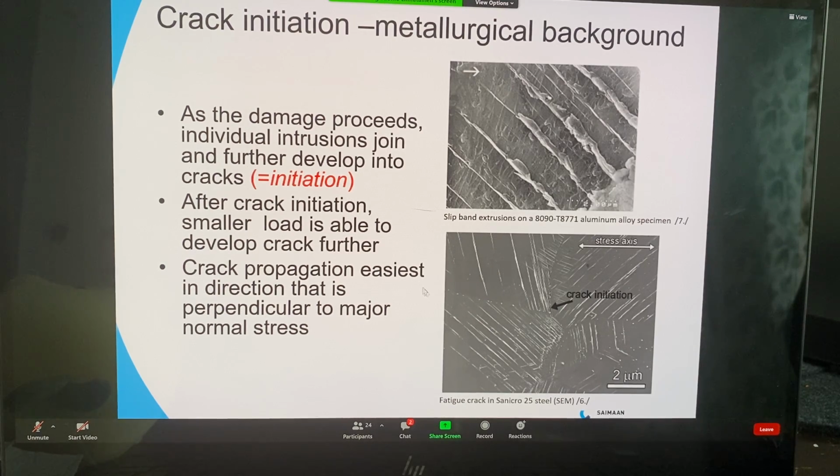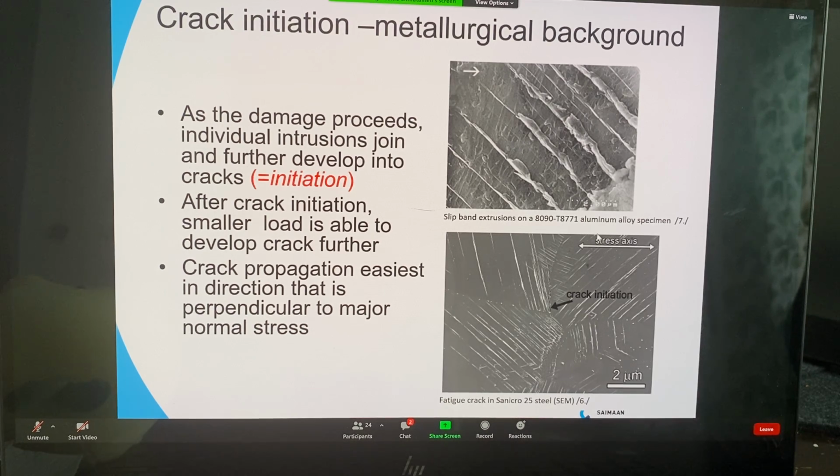And the crack will always propagate, meaning propagation means growing of the crack. It's easiest in the direction that is perpendicular to the major normal stress. That is easy to understand. If you have a thin crack and you want to make the crack longer, you of course will pull these sides of the crack apart from each other. That is the most efficient way of trying to grow the crack further.